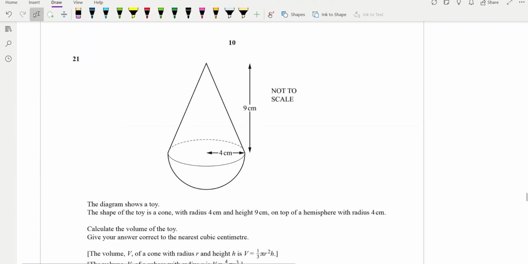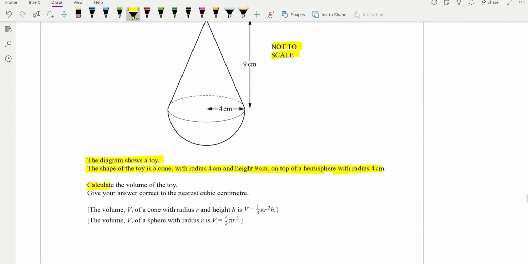Question number 21. 21 is compound shape, and this diagram is not to scale, and they are saying the diagram shows a toy. The shape of the toy is a cone with radius 4 centimeters and height 9 centimeters on top of a hemisphere with radius 4 centimeters. The radius is provided. Calculate the volume of the toy.